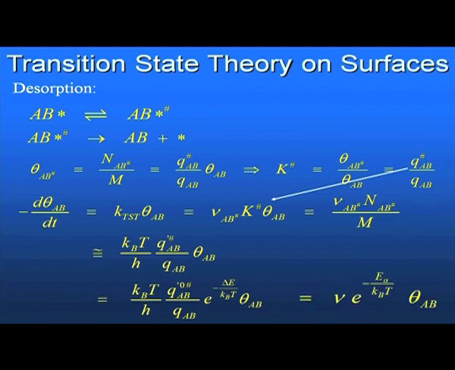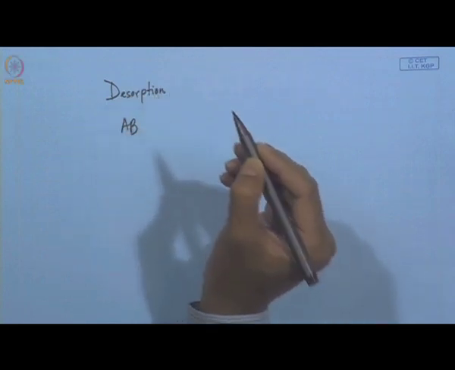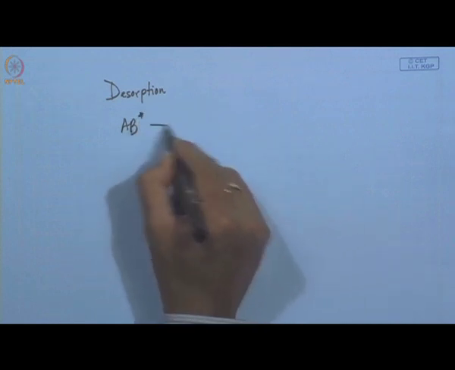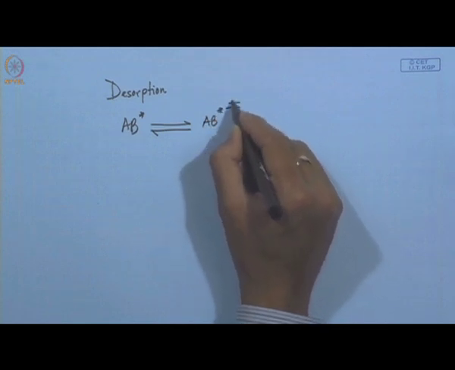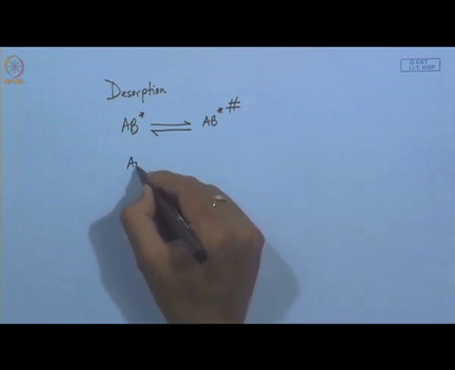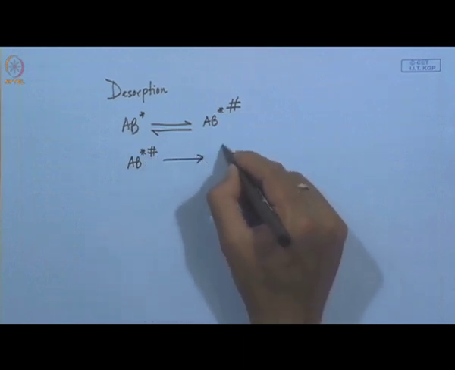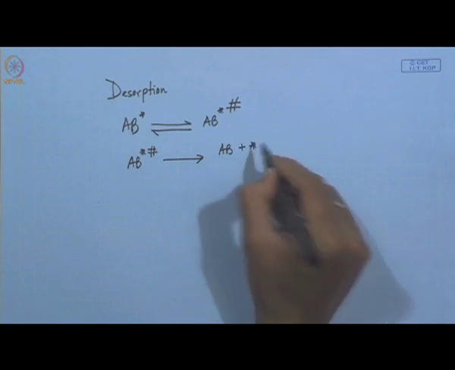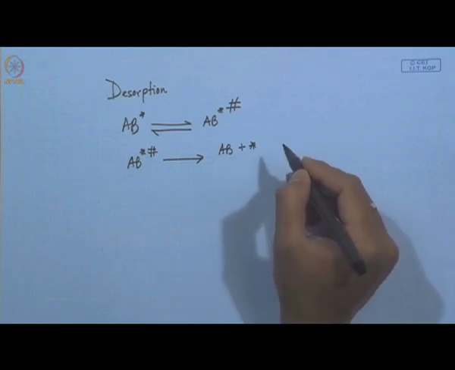So, this is AB star in equilibrium with AB star double dagger, or AB star hatch, giving rise to AB plus the site which has now become vacant. Okay, so this is purely a desorption process.